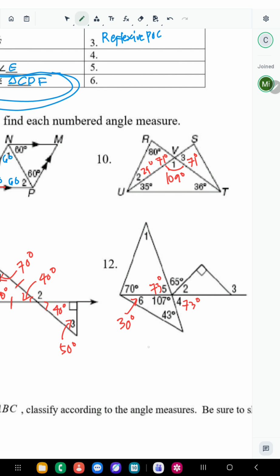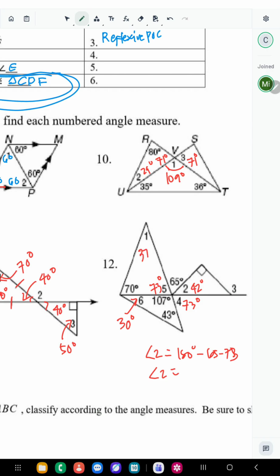Then angle 2 is just 180 minus 65 minus 73. So this is 42 degrees. Then angle 1 is 180 minus 70 minus 73.